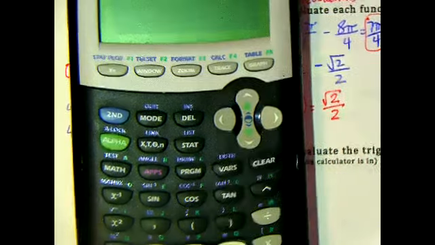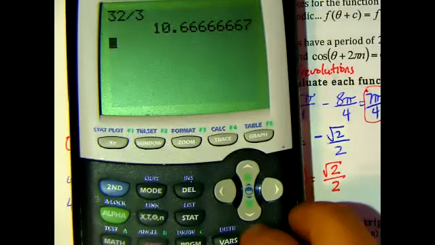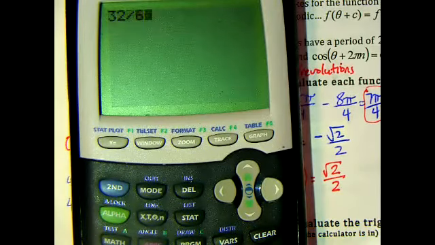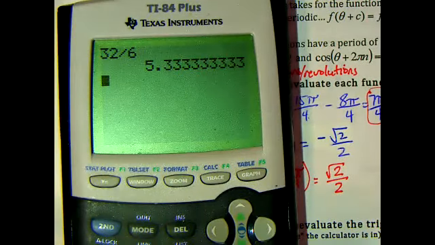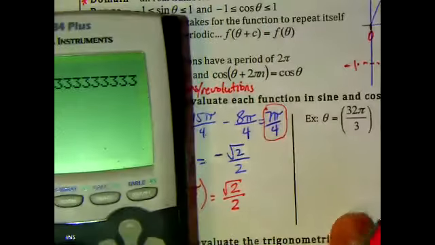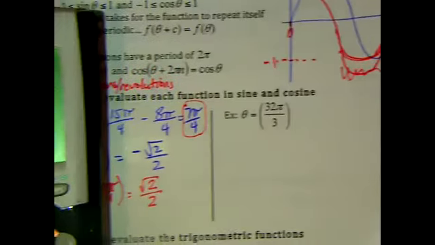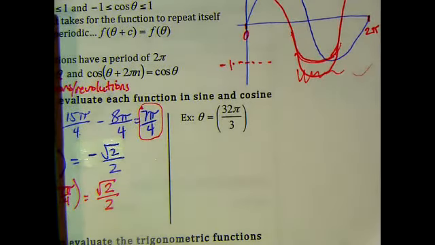I do 32 divided by 6, and that's 5.33. So there are 5 full 6s in 32, which means there are 5 full 2 pi's in my 32 pi over 3.